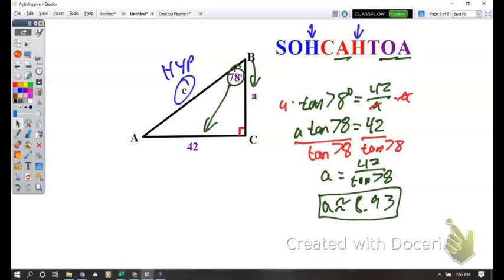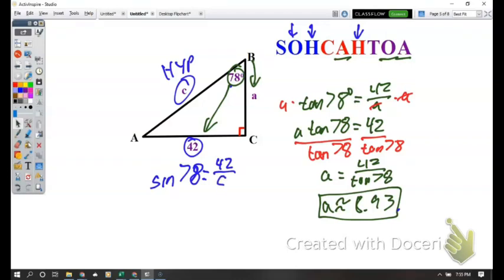But again, A is rounded off, so I don't want to use that because it's not the exact number. So I'm going to be using the 42, which again, that is opposite right there. So I'm going to be using sine. So sine of my angle, sine of 78, there we go, equals opposite, which is 42, divided by my hypotenuse, which is C, which is what I'm looking for.